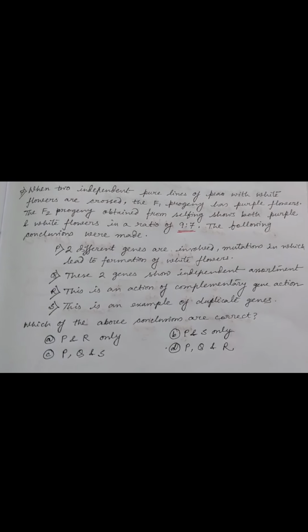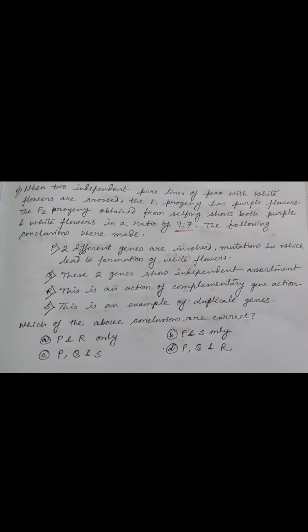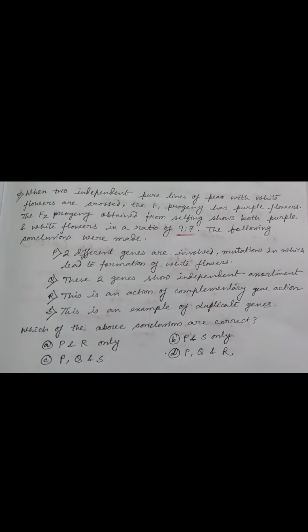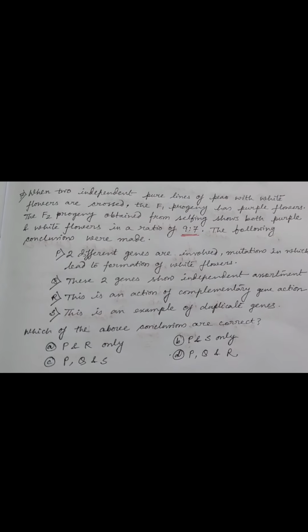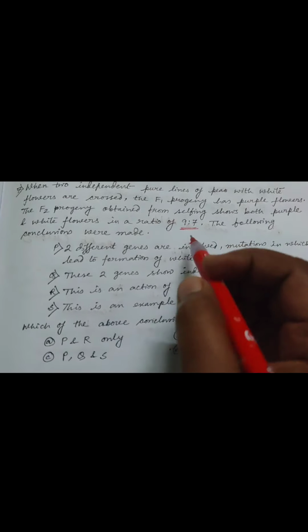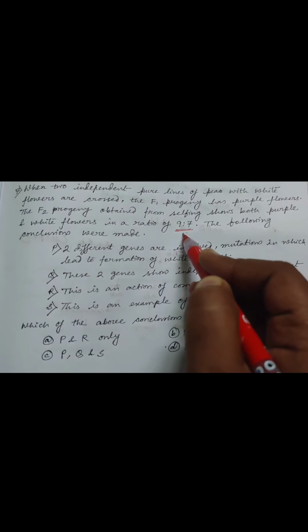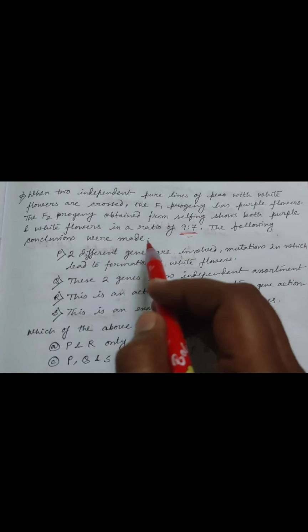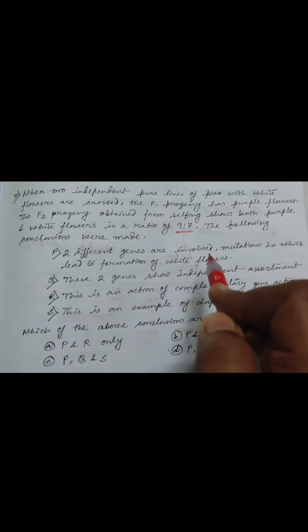When 2 independent pure lines of peas with white flowers are crossed, the F1 progeny has purple flowers. The F2 progeny obtained from selfing shows both purple and white flowers in the ratio of 9:7. You just need to observe the ratio 9:7. The following conclusions were made. Two different genes are involved.